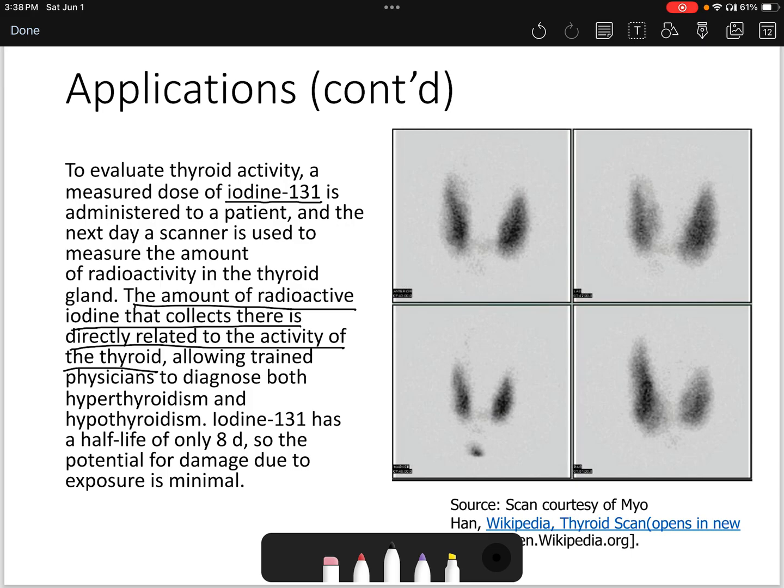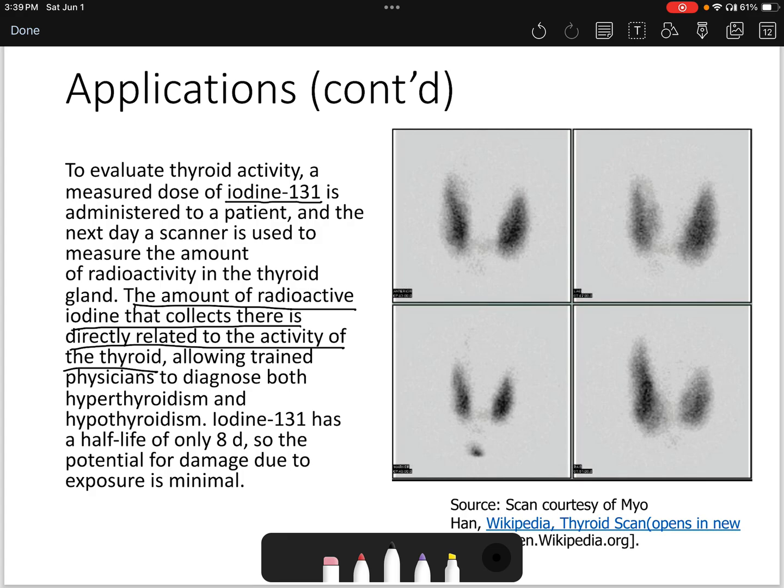So that can allow physicians to diagnose the hypothyroidism or hyperthyroidism. Now, luckily, iodine 131 has a pretty short half-life of about 8 days. So the potential for any damage from any radioactive decay is really, really minimal. And in fact, it's more important to try to figure out what's going on with the patient's thyroid so you can potentially save their life.